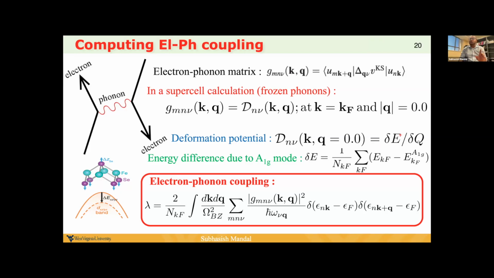And the particular mode that we are interested in is the A1g mode, because that controls the angle. And in principle, one can get all the various modes in this supercell calculation and compute the electron-phonon coupling.